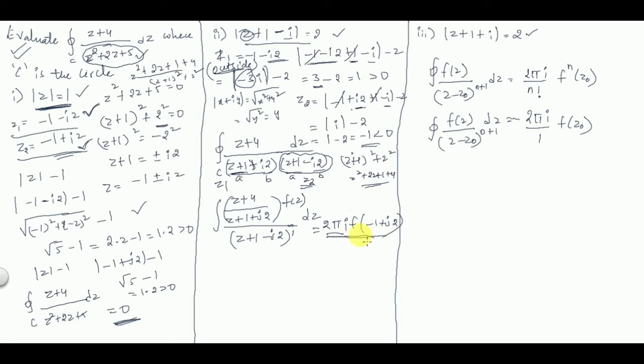2 pi I into f of z naught, where z naught is minus 1 plus j2, which is the pole here, lying inside. So whichever pole is lying inside, you have to take that in the denominator, and the remaining pole you have to send to the numerator, so that will be a part of f of z now. That will be a part of f of z.